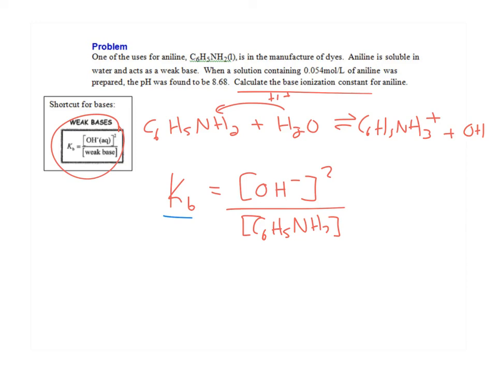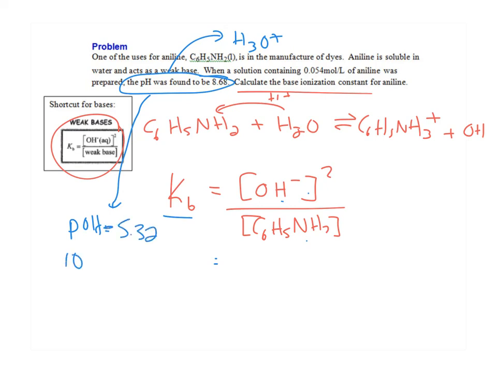Now this question is asking for the Kb. So I need to know my hydroxide ion concentration and my original base concentration. My hydroxide ion concentration can be found here. So this is pH. Now pH can give me my hydronium ion concentration, but I want to find my hydroxide ion concentration. So I'm going to take my pH and then find the pOH. So 14 minus 8.68 means I have a pOH of 5.32, and then 10 to the negative 5.32 will give me my hydroxide ion concentration.